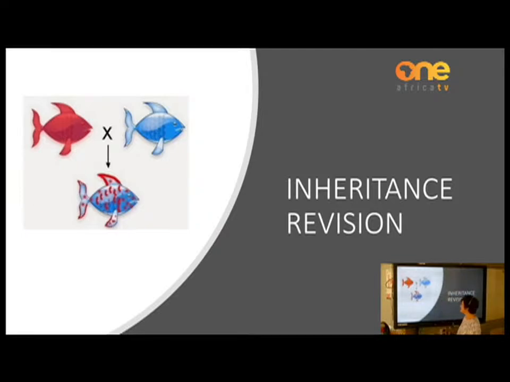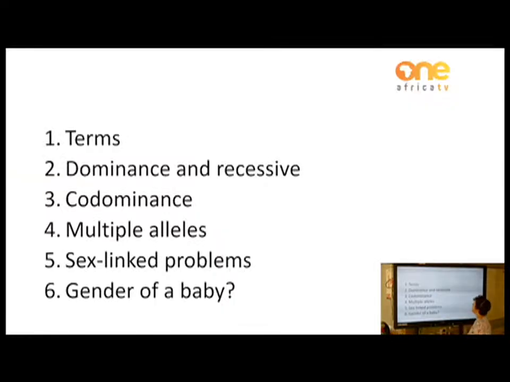Okay, so let's start with inheritance, and we are going to revise all the possible inheritance theories that we did study. We are going to look at a few of the terms that are important.